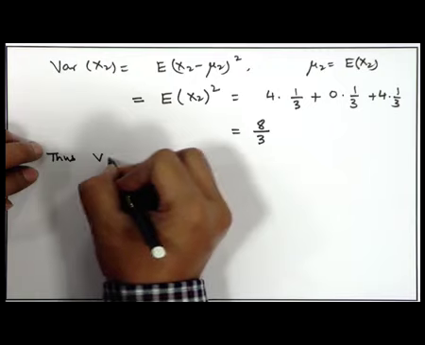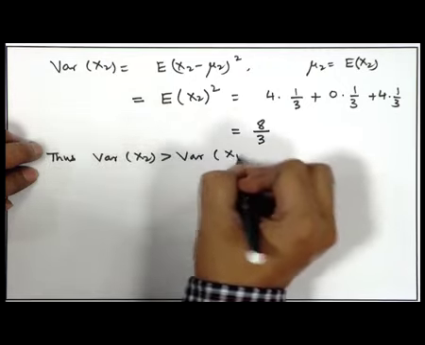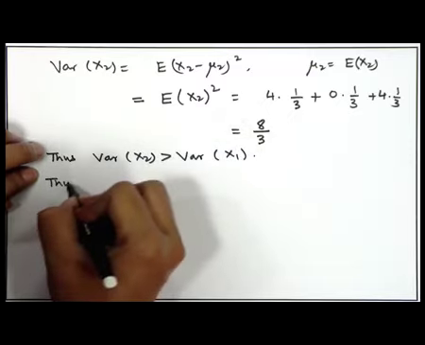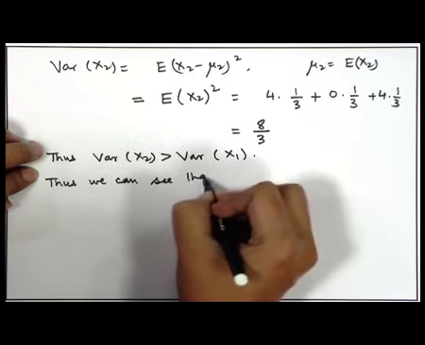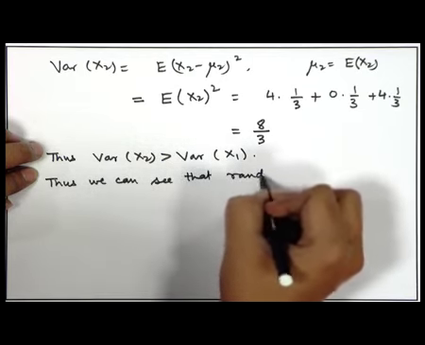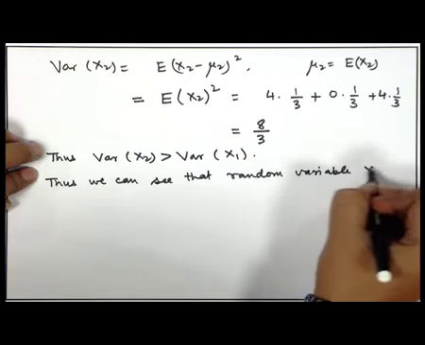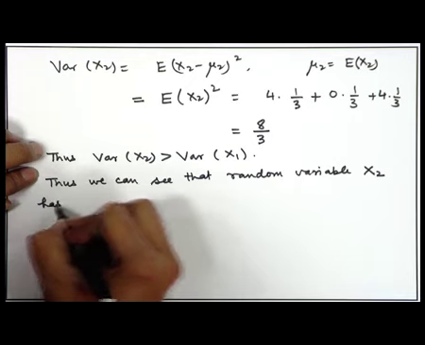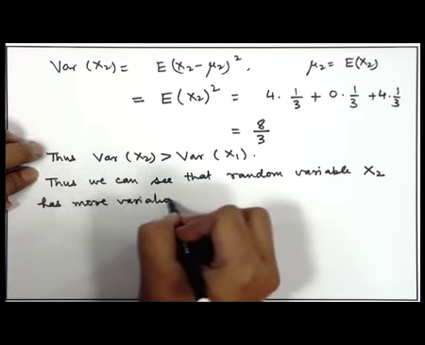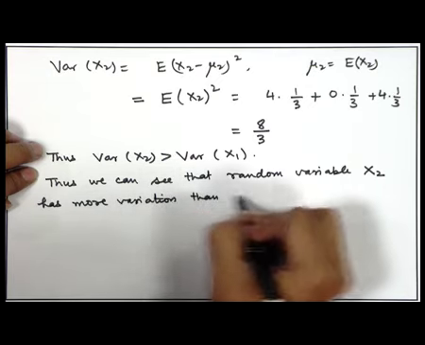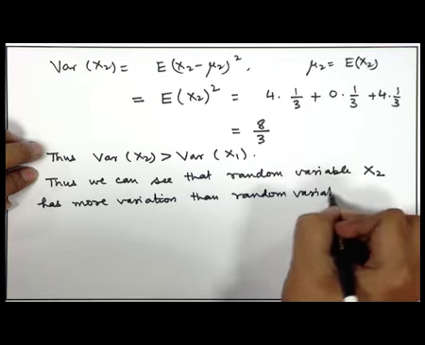Thus variance of x2 is greater than variance of x1. Thus, we can see that random variable x2 has more variation than random variable x1.